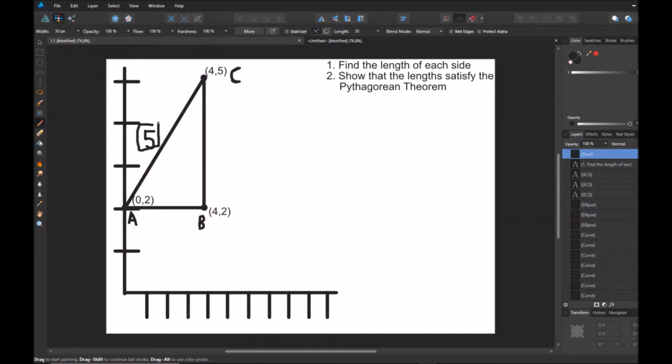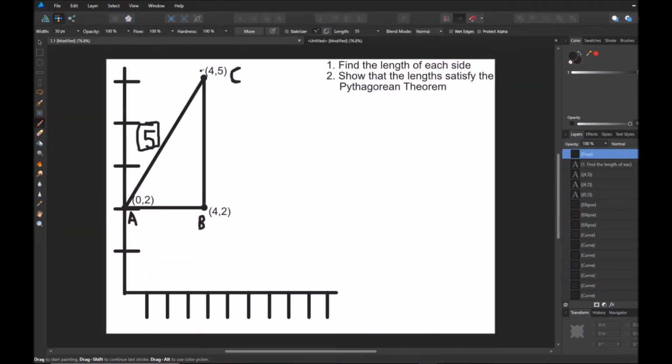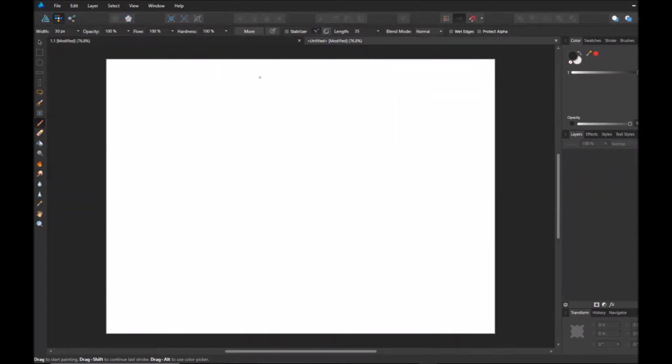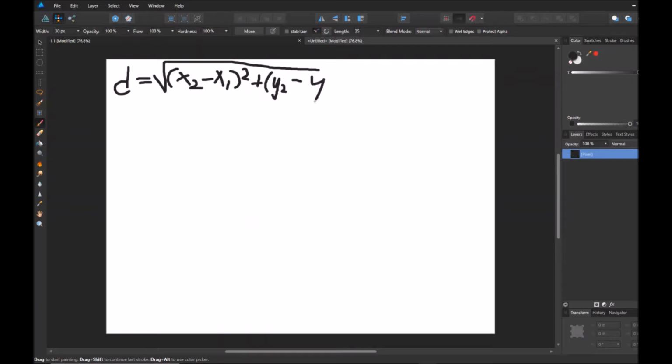And then now we have to find the distance between point C and point B. So again, we write out the distance formula: the square root of x2 minus x1 squared plus y2 minus y1 squared.